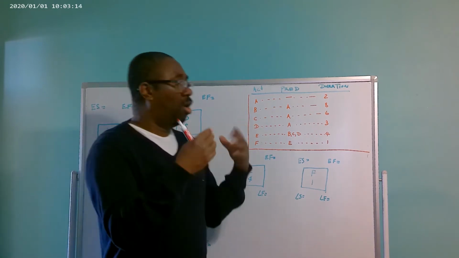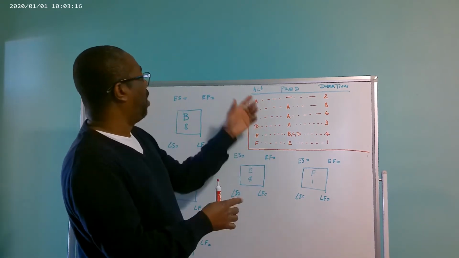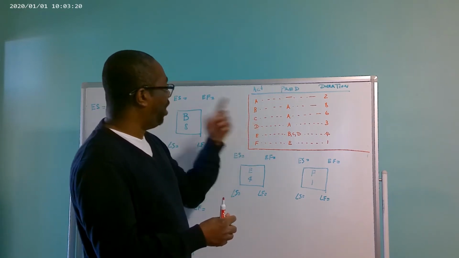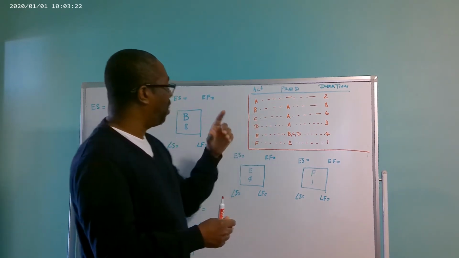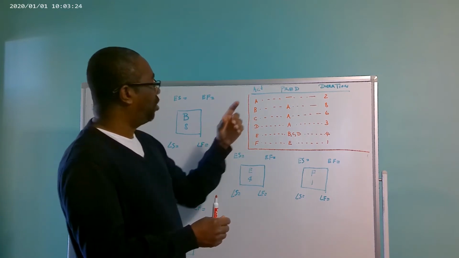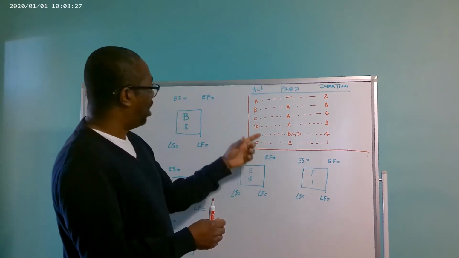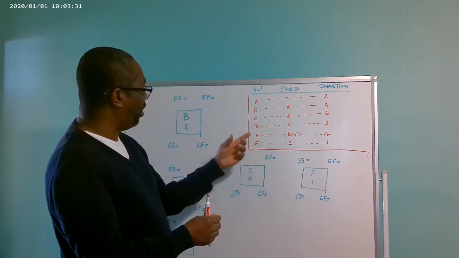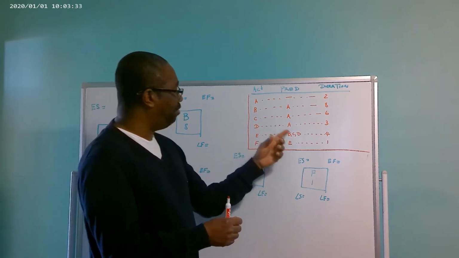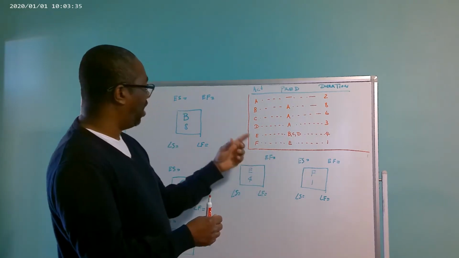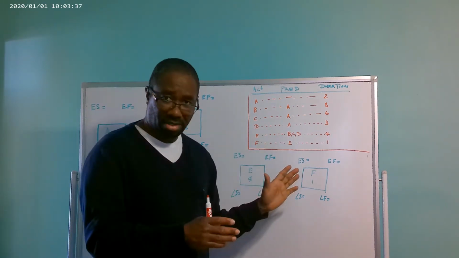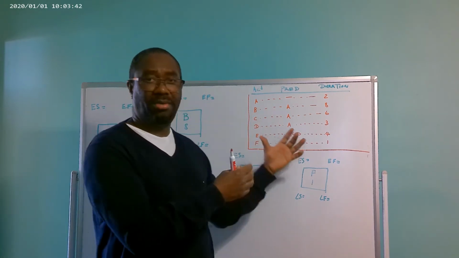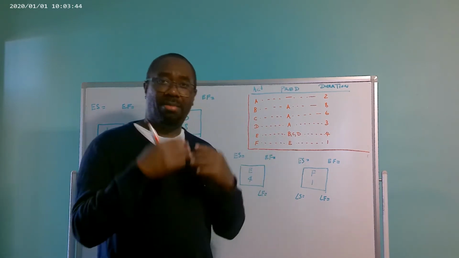So how I do it, I just say activity A comes out of nothing. Activity B comes out of activity A. Activity C comes out of activity A also. Activity D comes out of activity A also. Activity E comes out of activity B, C, and D. And activity F comes out of activity E. That is a simpler way to interpret this table, in my opinion.